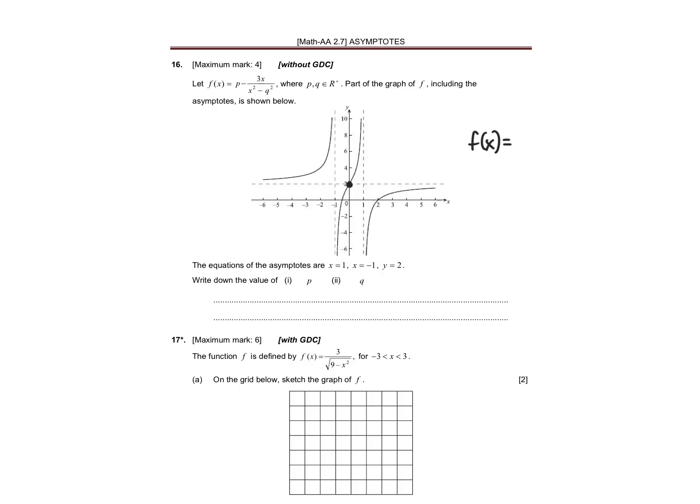Just pointing out real quick, P is actually going to be our horizontal asymptote too, because we have a lower exponent up top than the 2 below, okay?